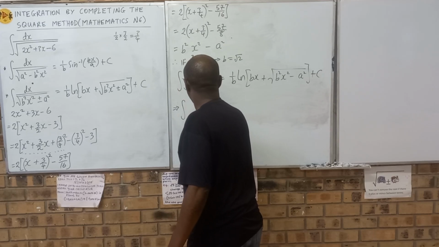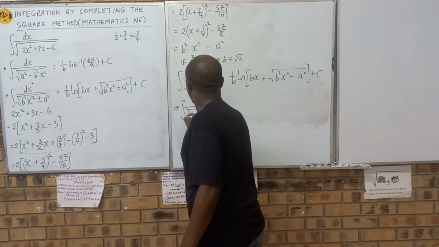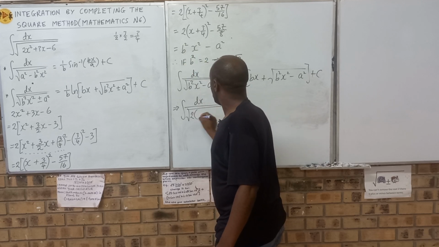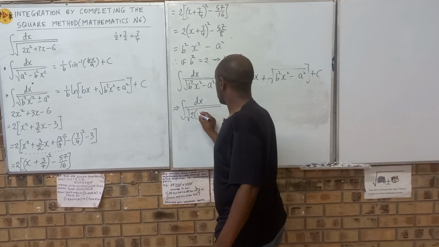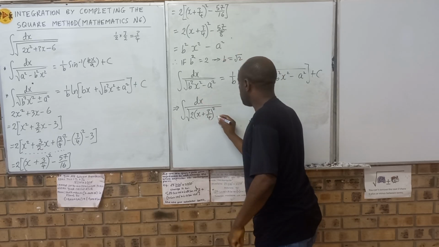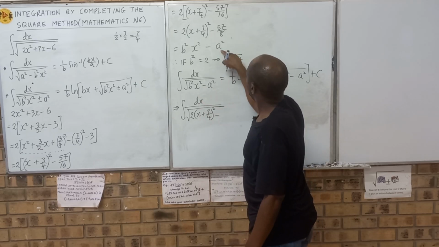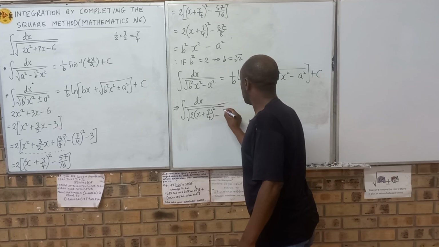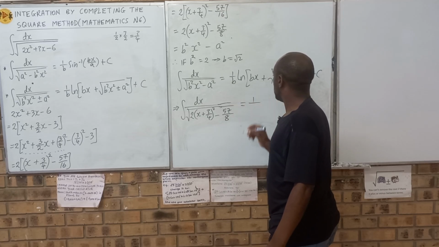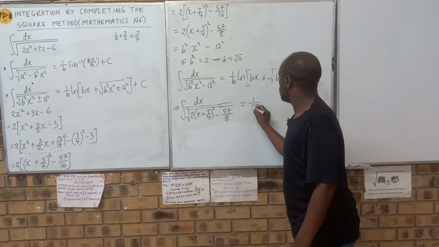So I have dx there, the square root of b squared, as you can see, b squared is 2, where there is x, I'm taking x plus 3 over 4, for the square, it should be followed by a negative sign. Then my a squared is 57 over 8. So I'm done with the left hand side. If I go to the right, I need 1 over b. My b is 2.